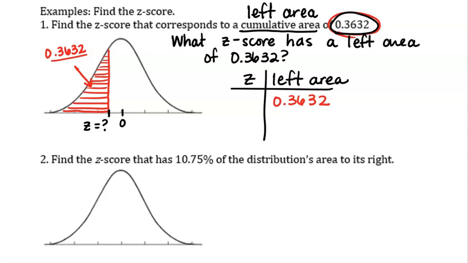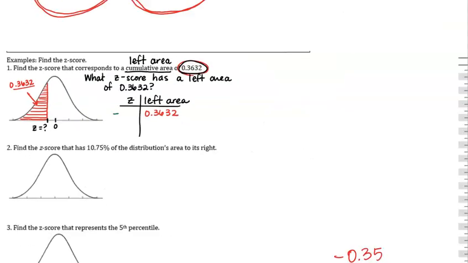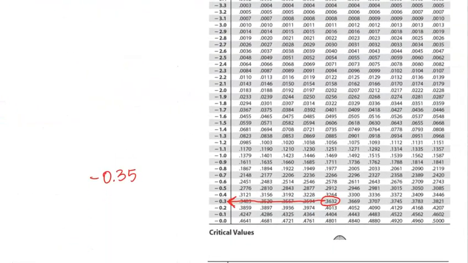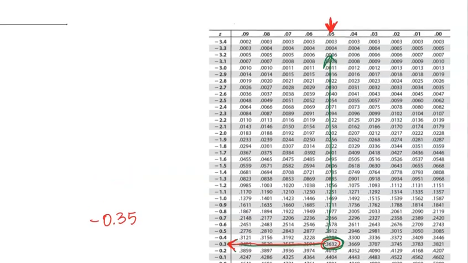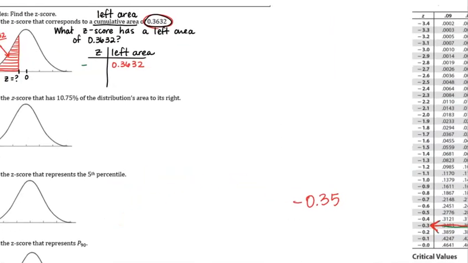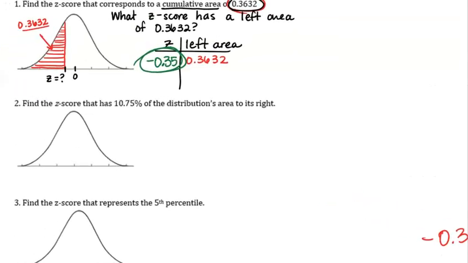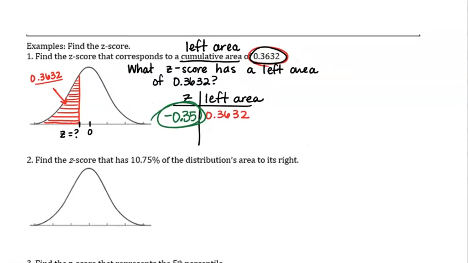We had to go look it up, and we found a z-score of negative 0.35. We went out to the left, we got the negative 0.3, we went up to the top, and we got the 0.05. So we found negative 0.35, and that is our answer. That is the z-score that has a cumulative area of 0.3632.